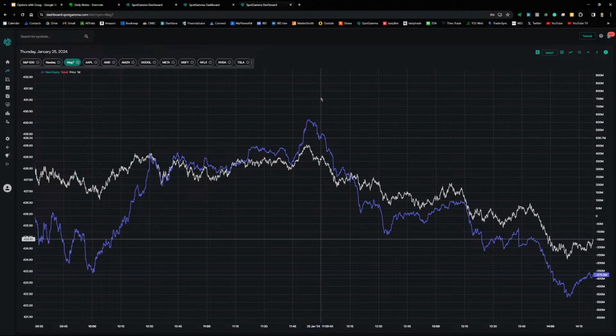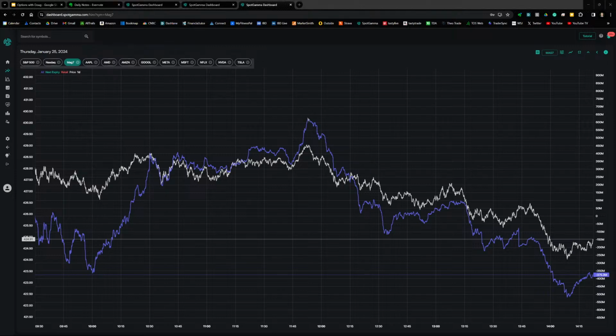All right, Mag 7 showing more bearish signal here. Hero continues to move lower, making lower highs.